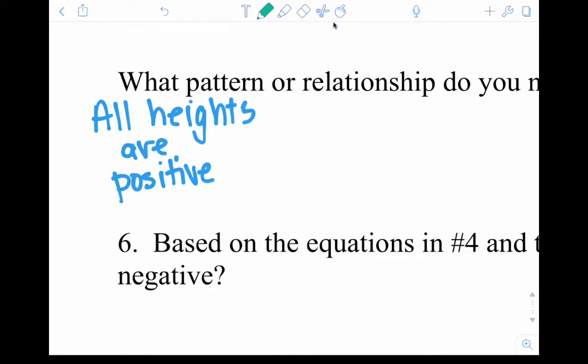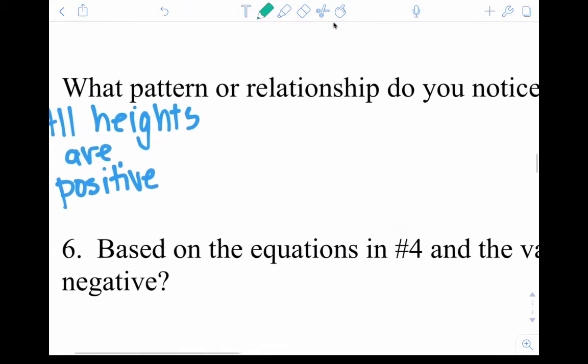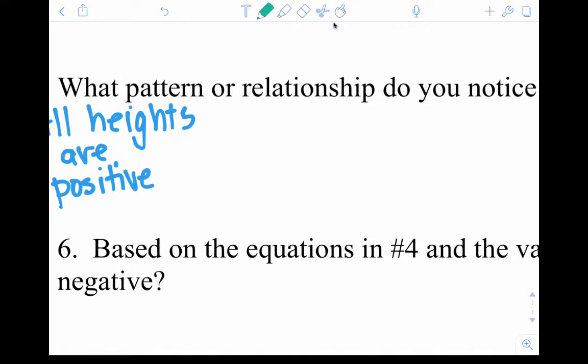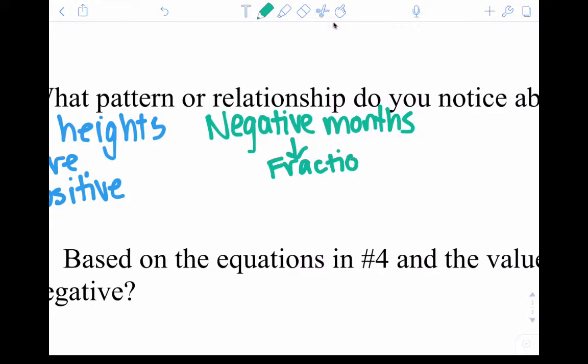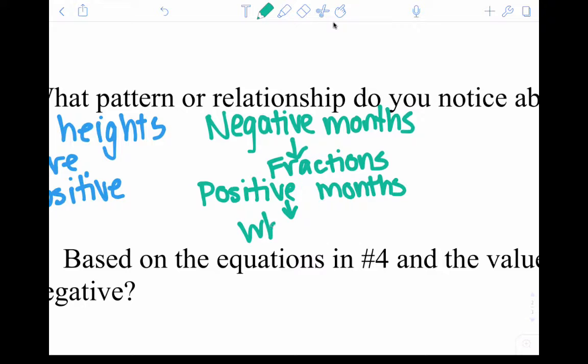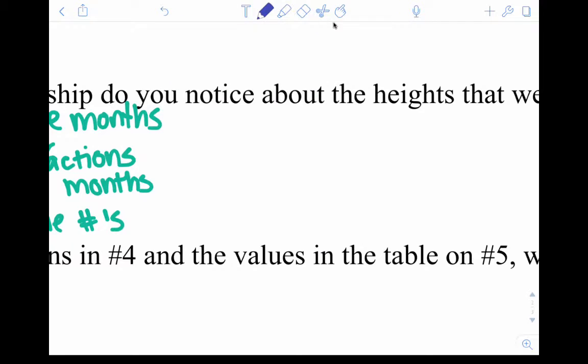You might have noticed that the negative months are fractions, and the positive months are whole numbers. You might have noticed that there's a lot of opposite numbers on here.